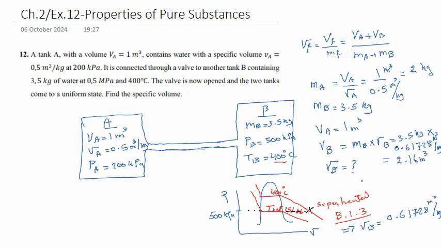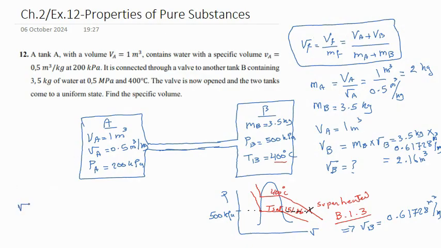Now we have the volume of tank B, and we already have previously the volume of tank A given, so we can simply use the first relation to calculate the final specific volume. We'll do the calculations over here.